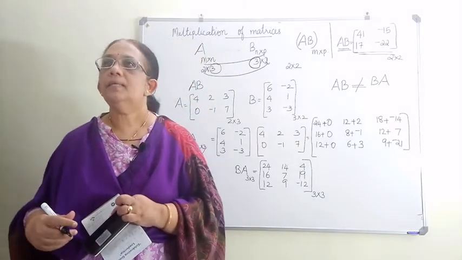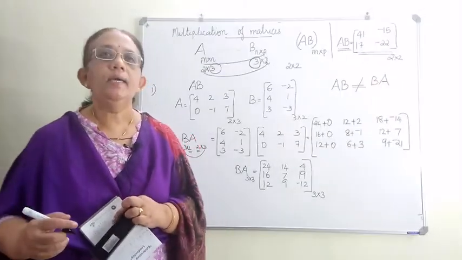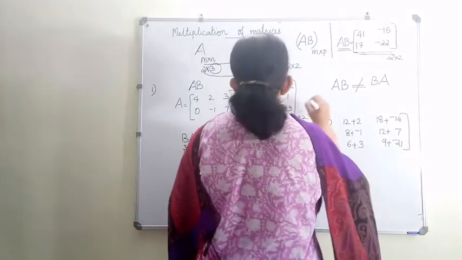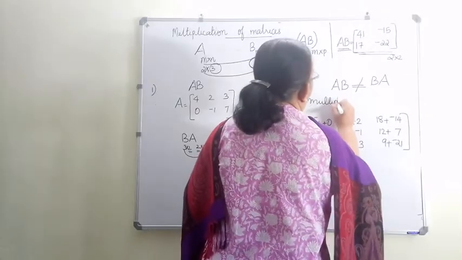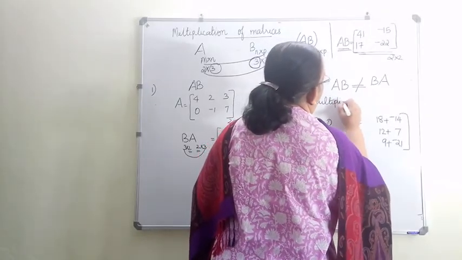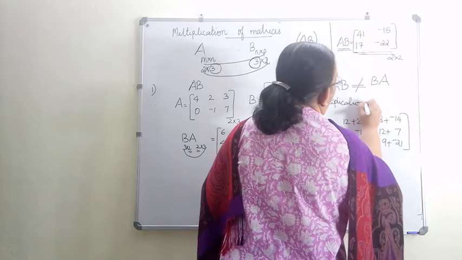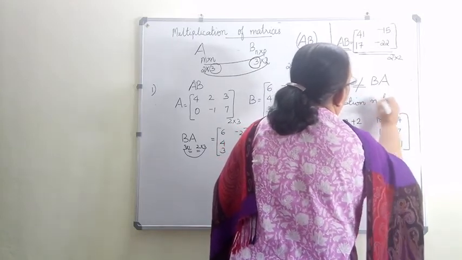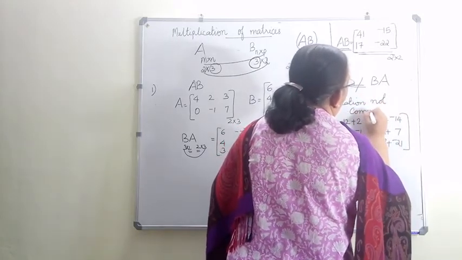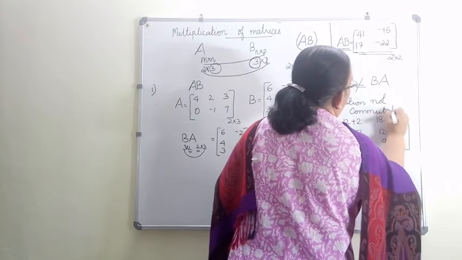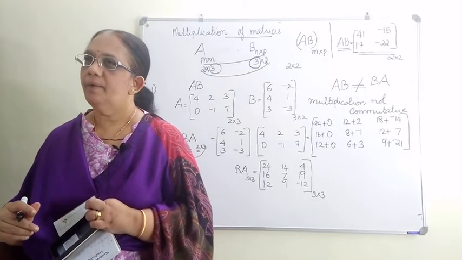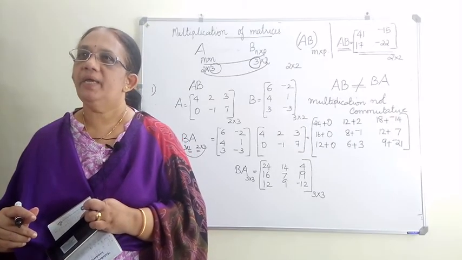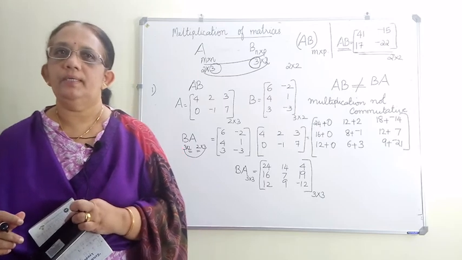That means matrix multiplication is not commutative. But what about matrix addition? Yes, matrix addition is commutative, but matrix multiplication is not commutative.